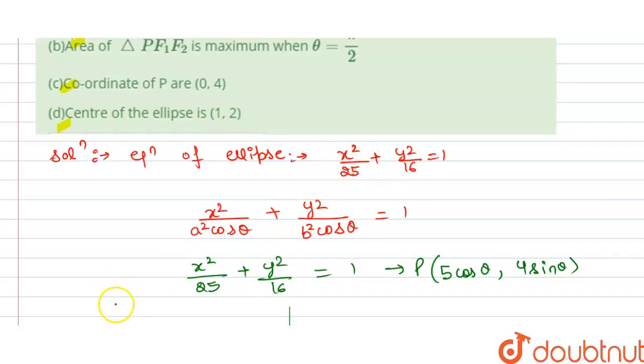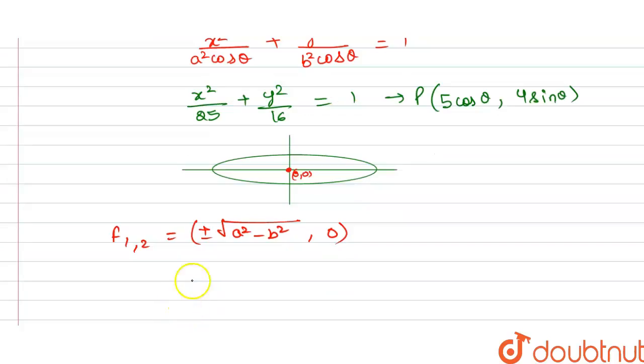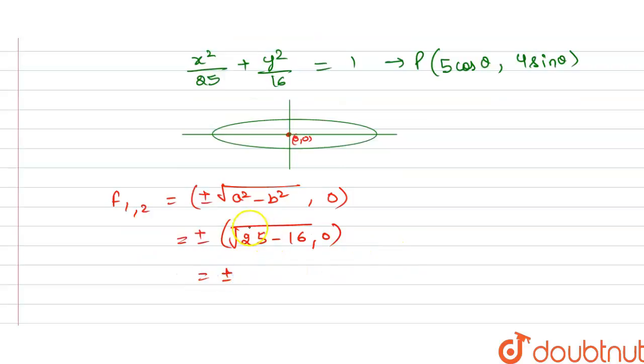The foci are F1 and F2, which are equal to plus minus under root a square minus b square, comma 0. So from here we get plus minus under root 25 minus 16, comma 0, which is plus minus under root 9, that is 3.